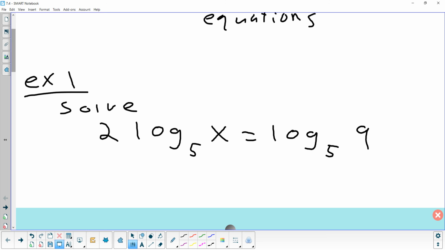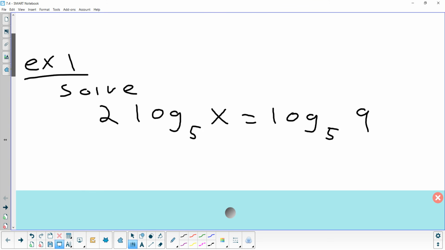Does anybody see something we can do on one side of that equation using a rule we learned yesterday? Jacob? You move the 2 to be an exponent over the x. Yeah, let's put the 2 back as an exponent, even if we're not sure what that's going to do at this point. I don't know what else we're really going to try.